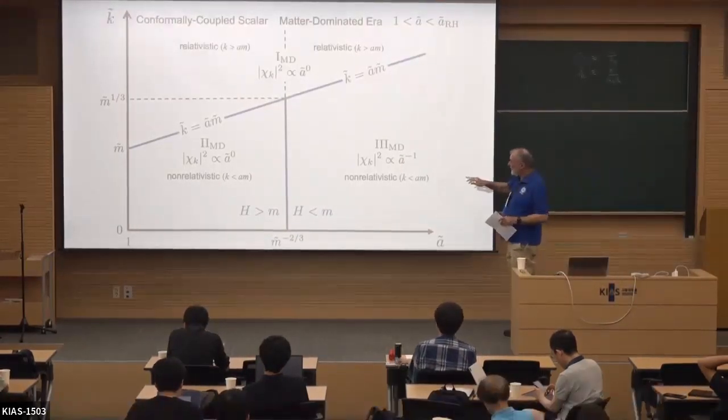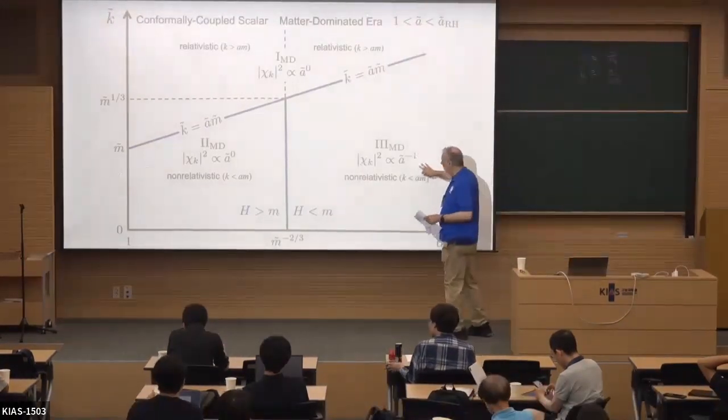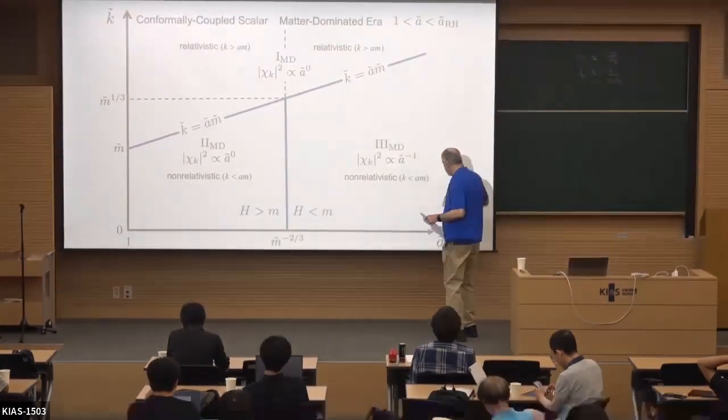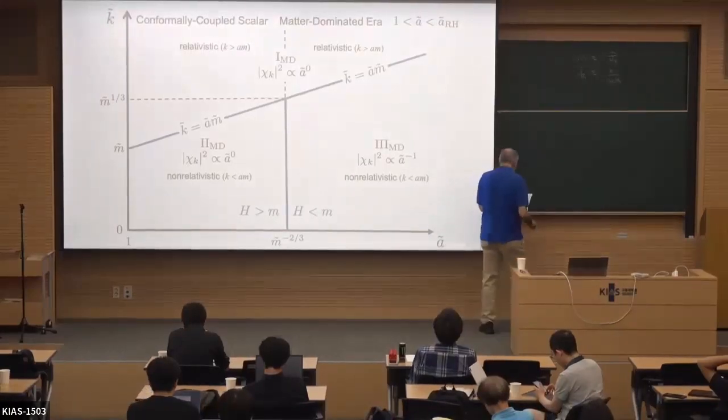So let's see what chi k squared will be eventually at late times as a tilde goes to 0.